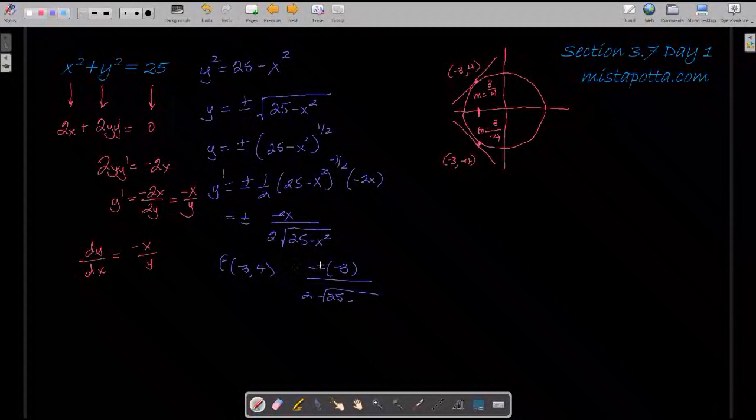So I've got negative 2 times negative 3 over 2 times the square root of 25 minus my x coordinate squared.